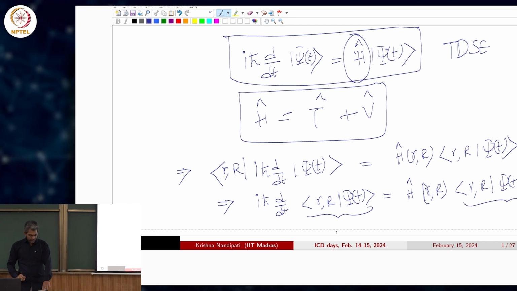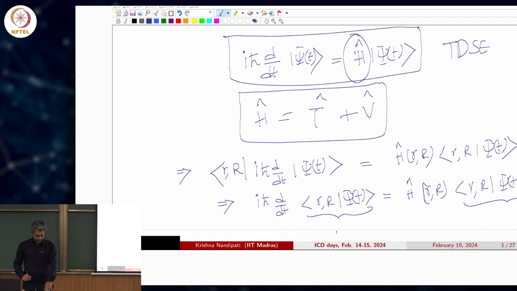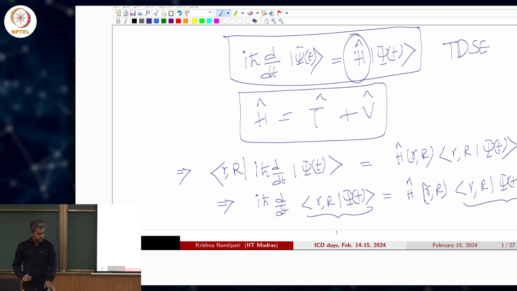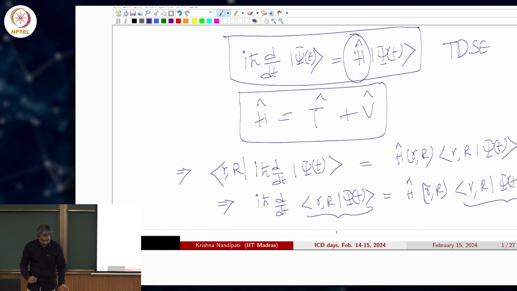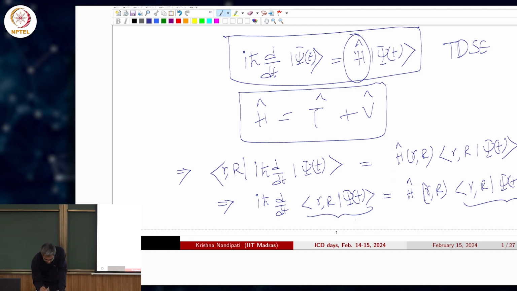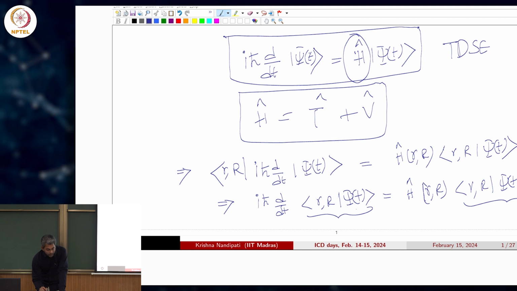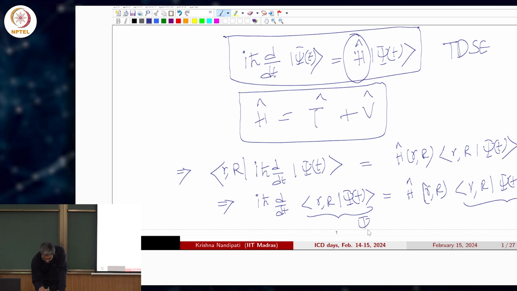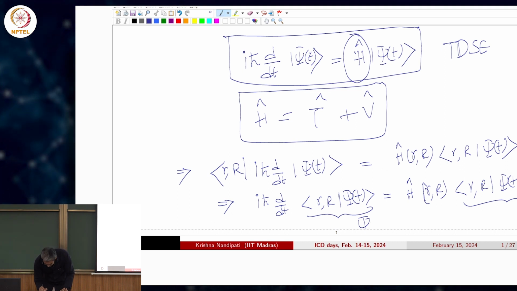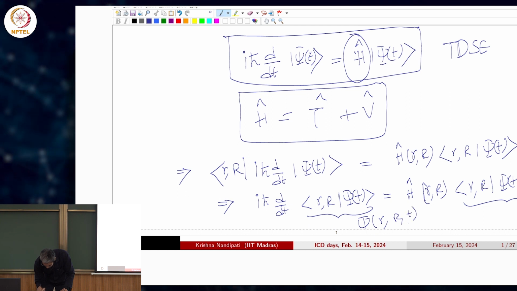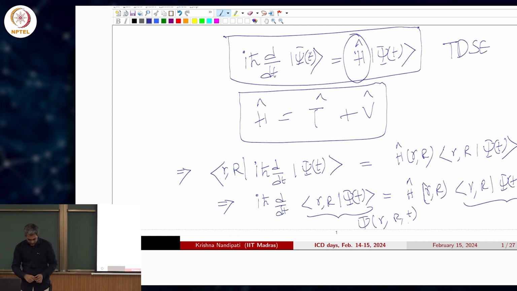Our abstract vector is now dressed with the position representation. So this is traditionally what we call the wave function of a molecular system, denoted as psi of r, R, t.